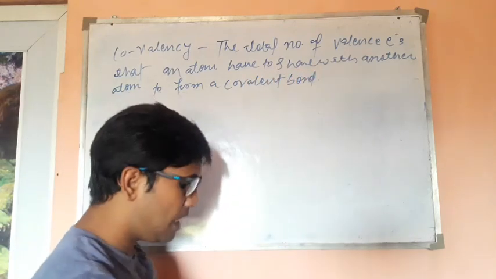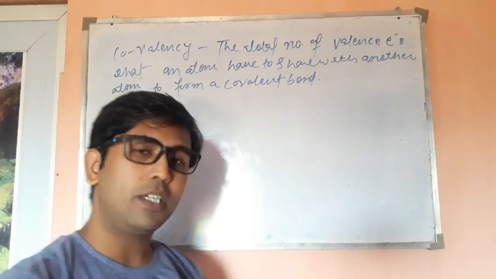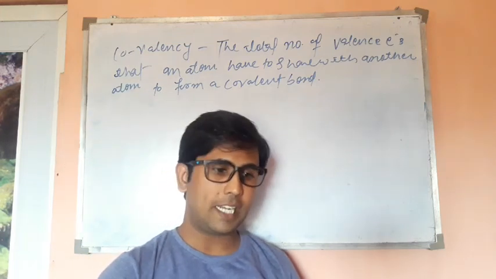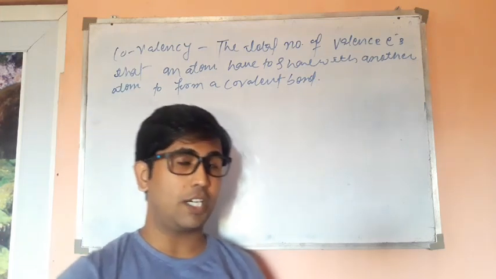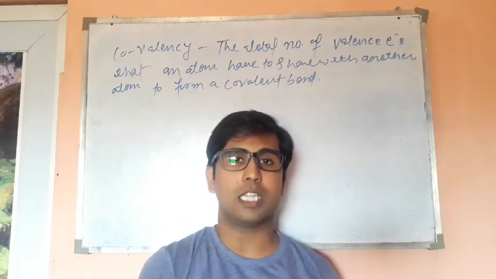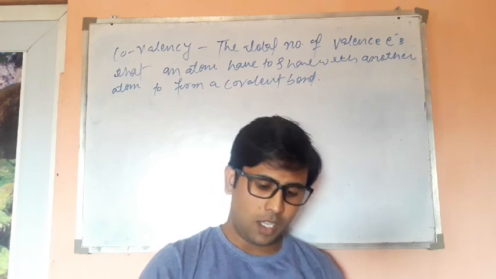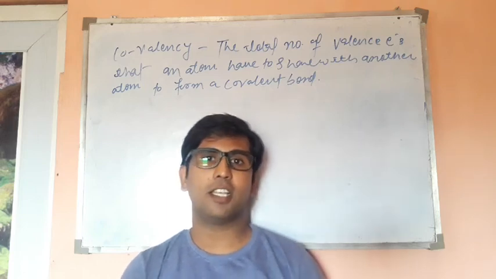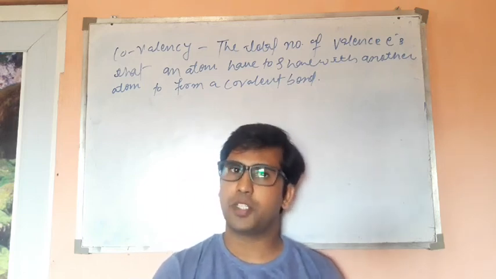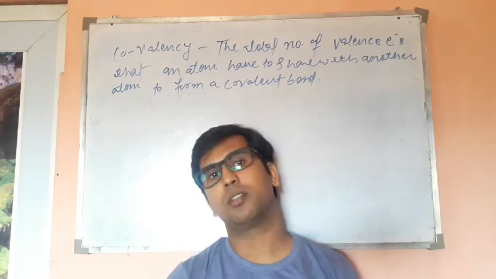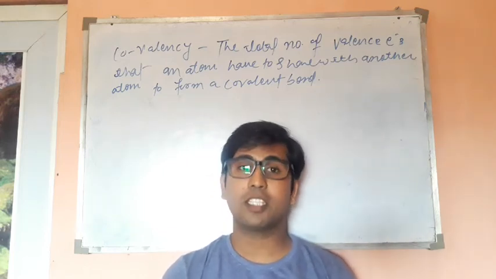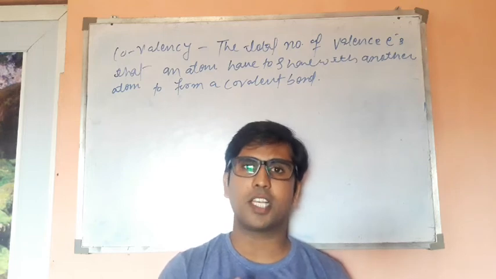So covalency determines the ability of an atom, and it represents the total number of electrons involved in the formation of a covalent bond. In a covalent bond, electrons get shared between 2, 3 or 4 atoms. This happens because of their outermost electrons.